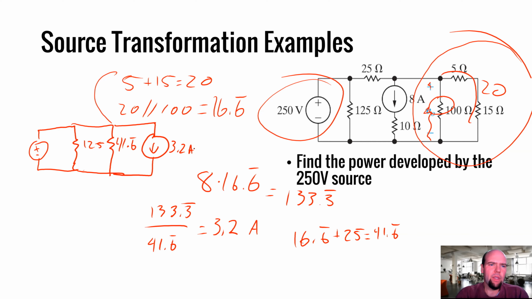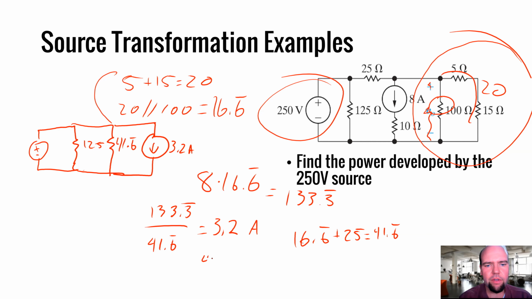Okay. And again, this is simple enough that I could probably be close to doing a source transfer. I could be close to finding this current right now. But obviously, let's combine these in parallel.